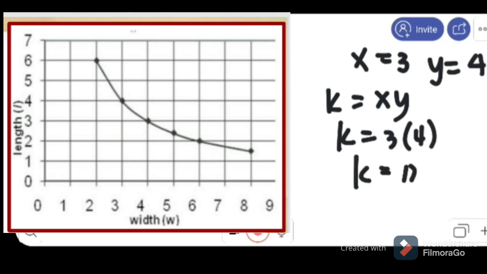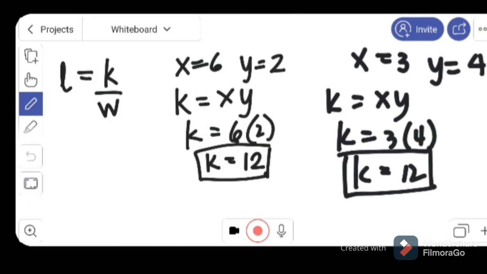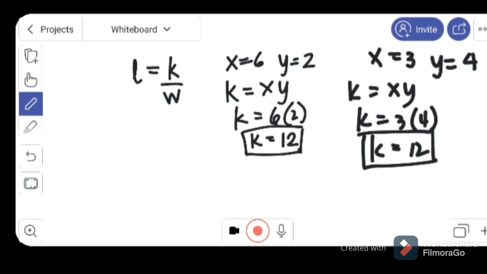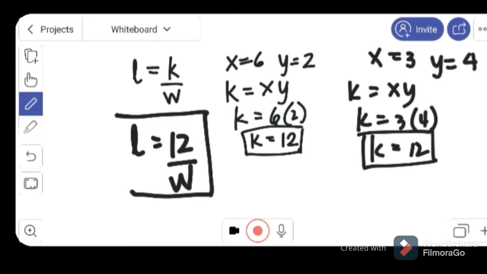Answer is 12. Then really, the constant of variation is 12. Now we can write the equation: the length is equal to 12 over w. This will be the equation of our graph of the inverse variation.